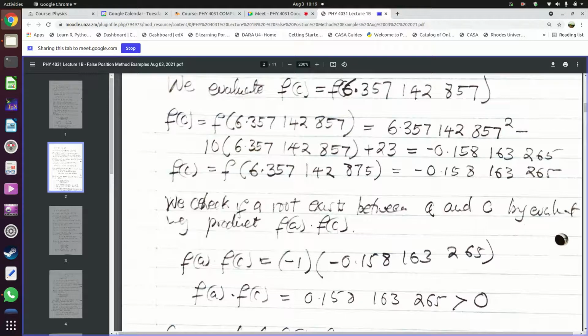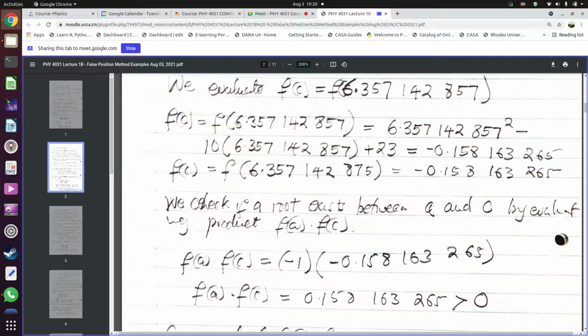So in this case, we multiply f(A) times f(C). f(A) we know is minus 1, and f(C) is what you found here, minus 0.158163265. A negative number multiplied by a negative number gives a positive number.